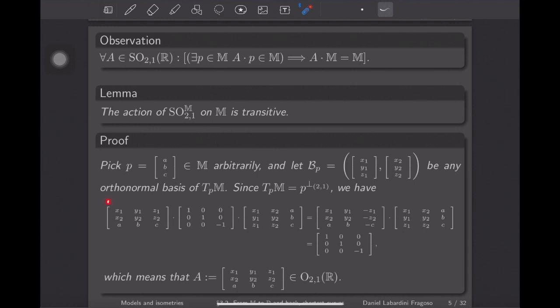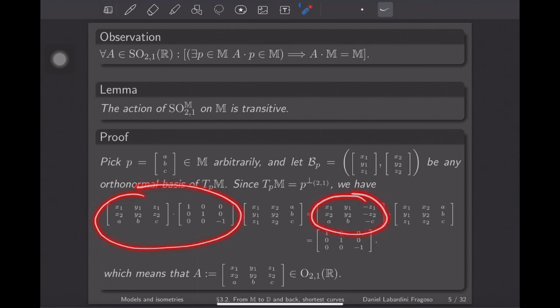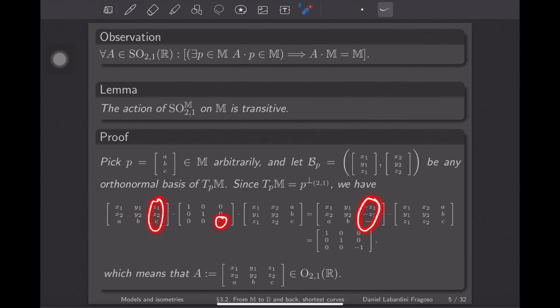Well, the rows are the entries of this orthonormal basis together with P. All right, and then I perform the matrix computation, right? So first I do this, and then I get this one. That's easy, right? Because this is almost the identity, except for a minus 1 here. So the minus 1 goes there.